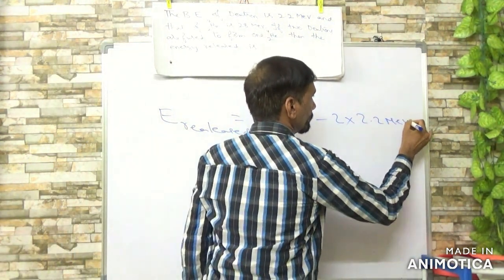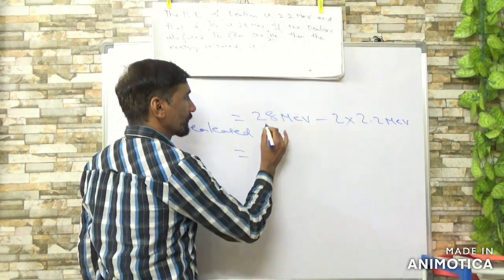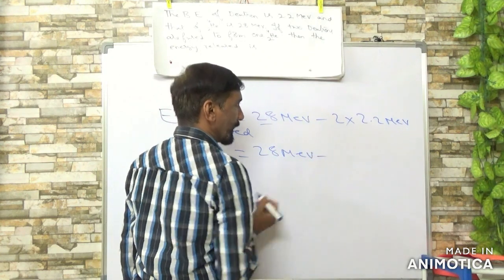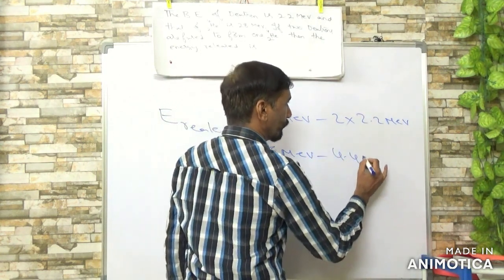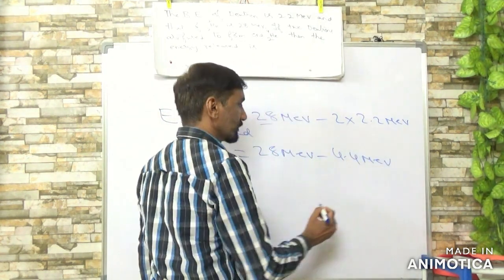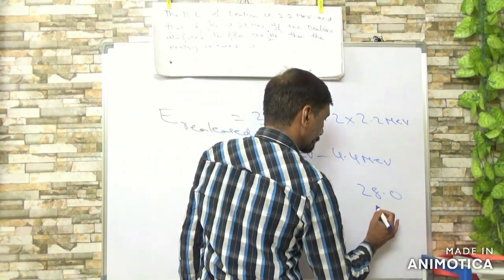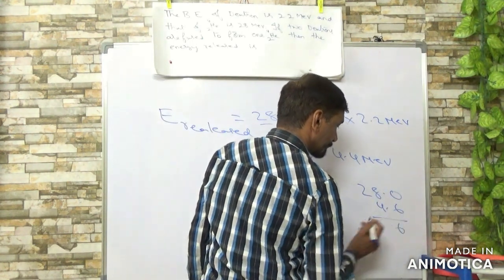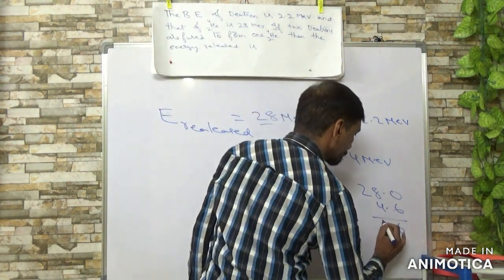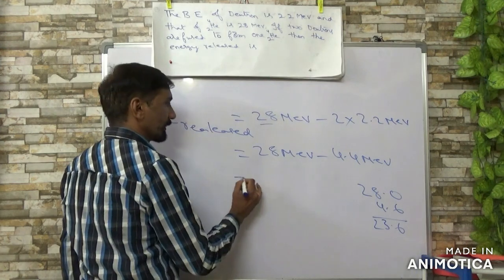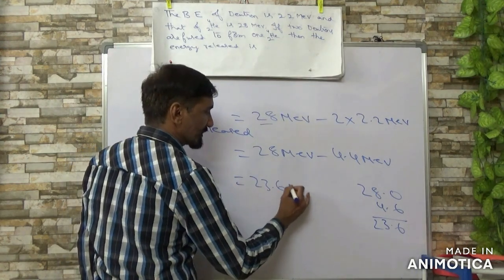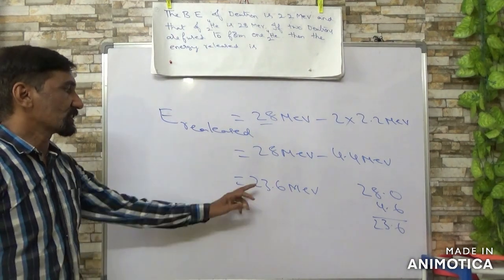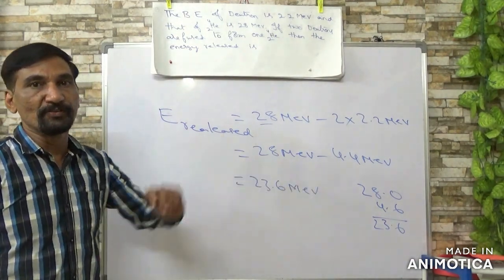So you get 28 MeV minus 4.4 MeV, so it is 23.6 MeV. So the energy released in this process is 23.6 MeV.